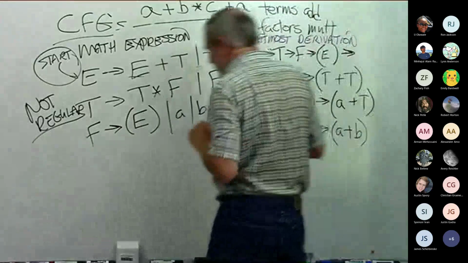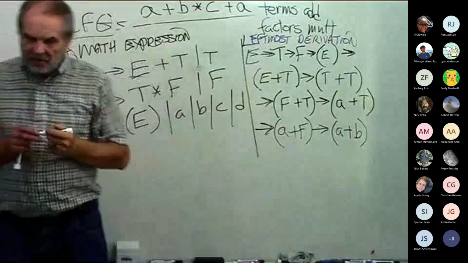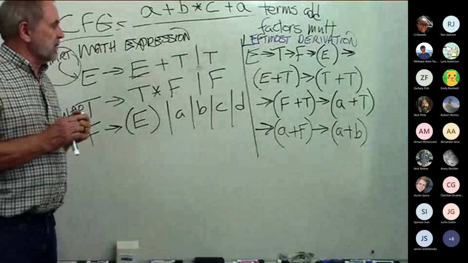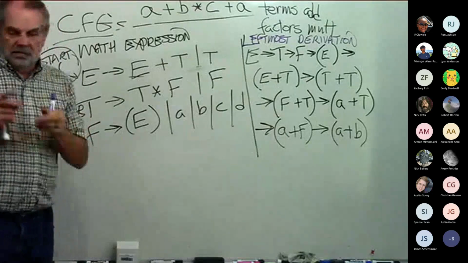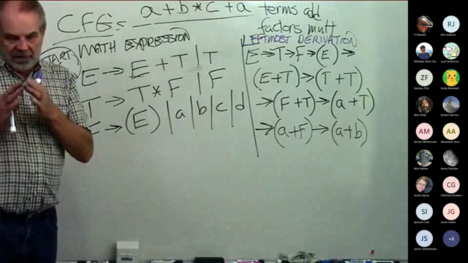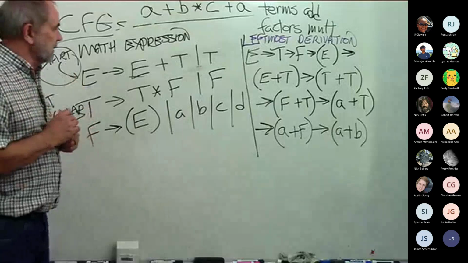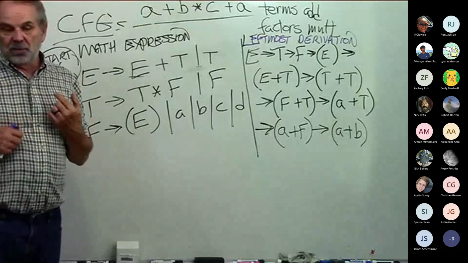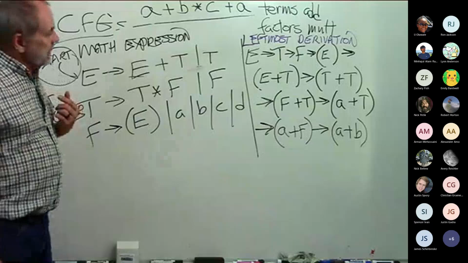Why is it leftmost? Because at each opportunity to replace a non-terminal, to replace one of the variables with something, I took the leftmost one as the one to replace.